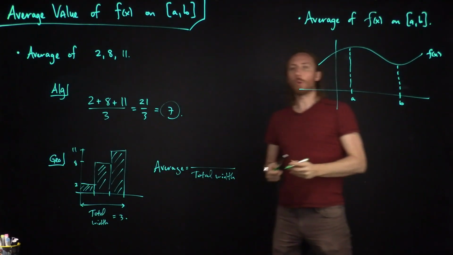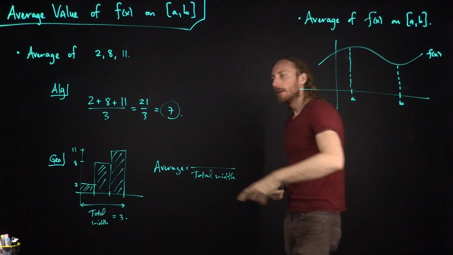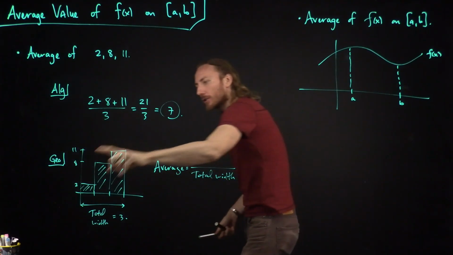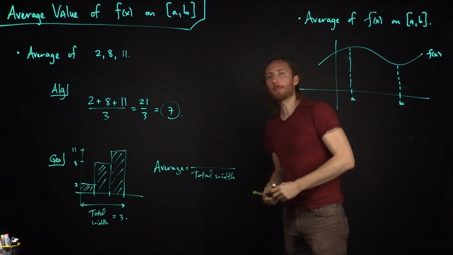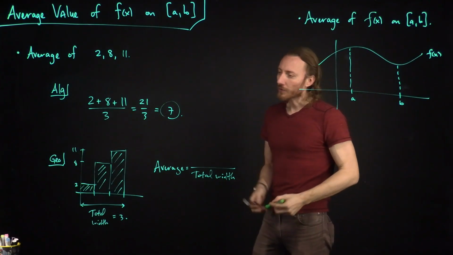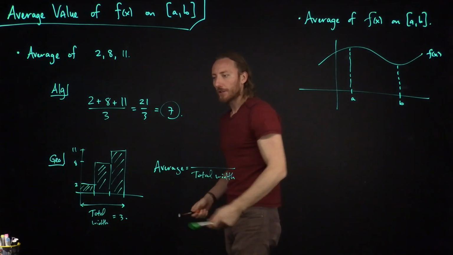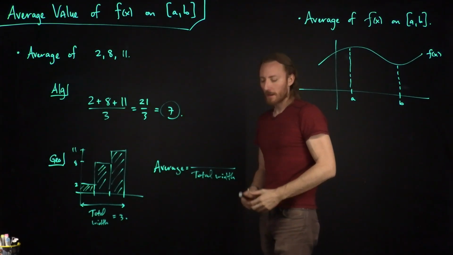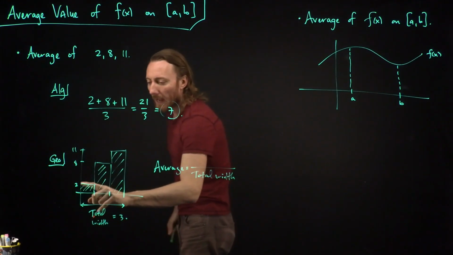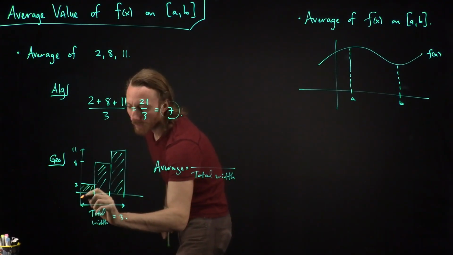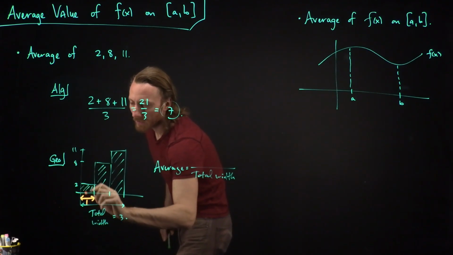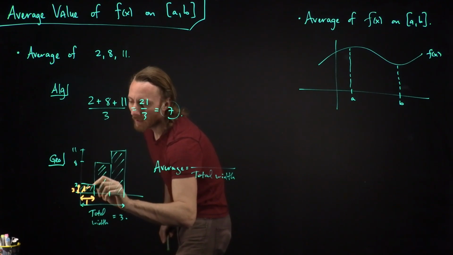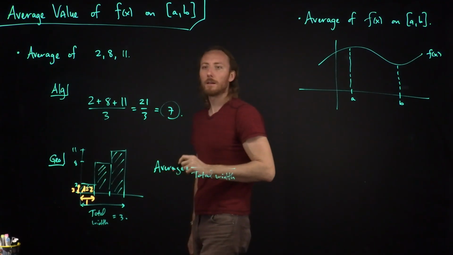But the question is, what do we want to divide by total width? Well, we want to divide 21 by total width. But how are we going to get 21 from this picture? Geometrically, we get 21 from the picture by computing the total area of the bars. Check it out. What's the area of this first bar? This first bar is 1 unit wide and 2 units tall, so the area here is 2.